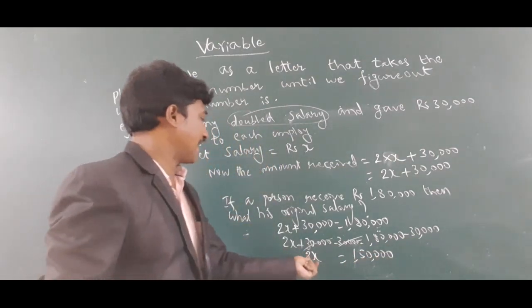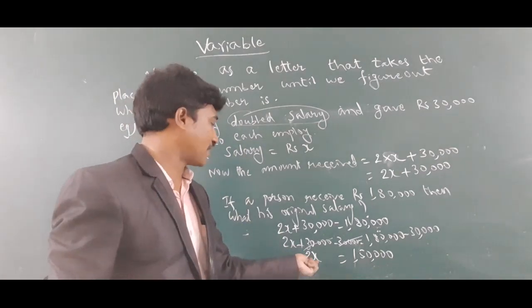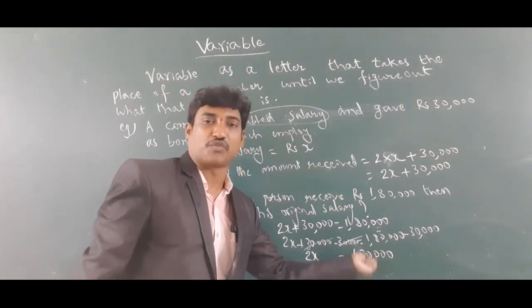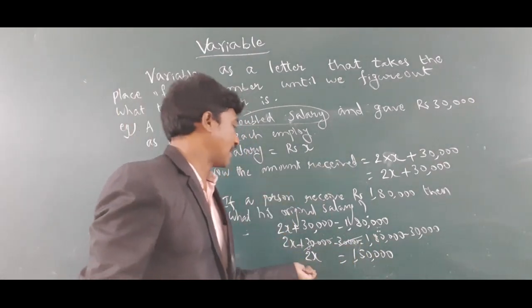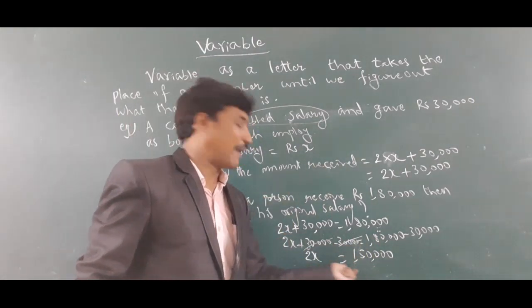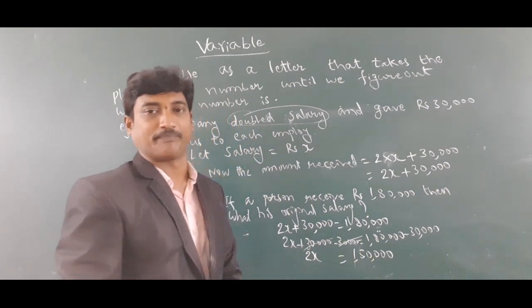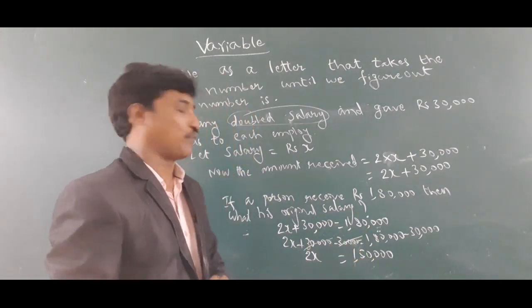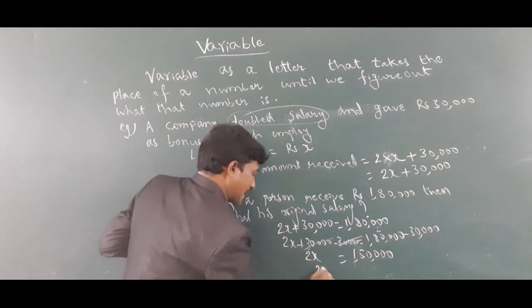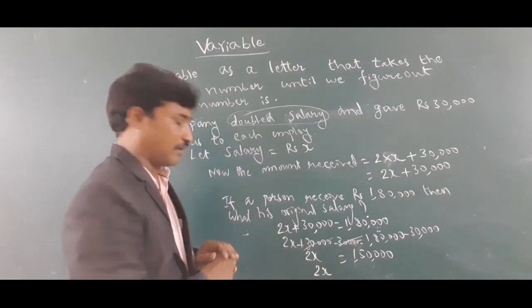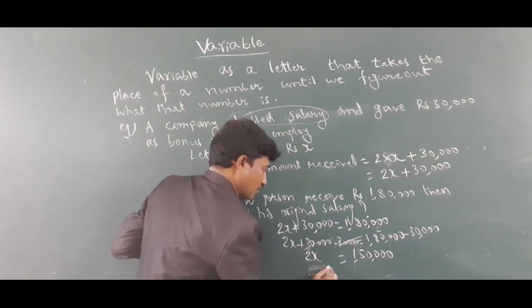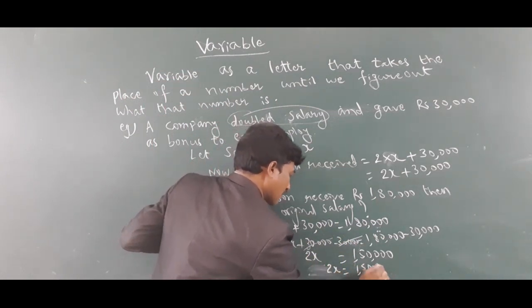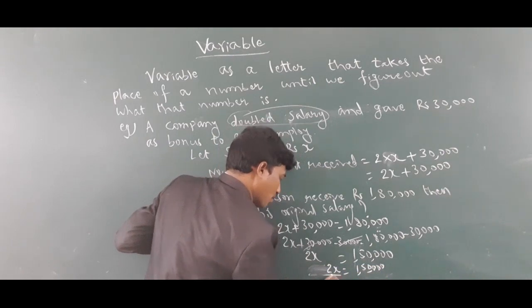Now here his salary is doubled. After doubling his salary, it became 1,50,000. To get the original salary, we need to divide by 2 on both sides. If we divide by 2 on both sides, what do we get? 2X is equal to 1,50,000. Divide by 2 on both sides.